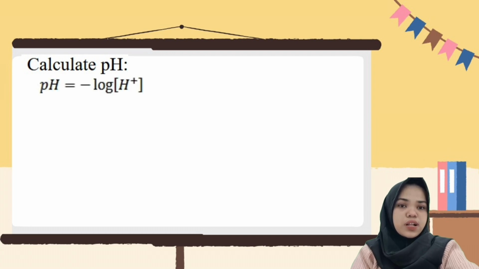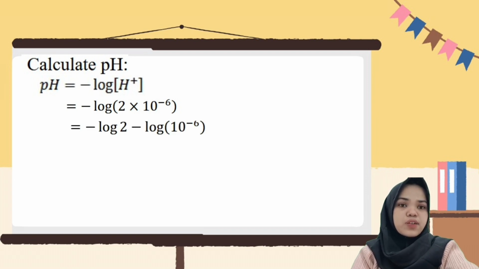pH is equal to the negative logarithm of the hydrogen ion concentration: pH = minus log 2 times 10 to the power of minus 6. By the properties of logarithms, this is equal to minus log 2 plus log 10 to the minus 6. The value of log 2 is close to 0.3 and log 10 to the minus 6 is minus 6.